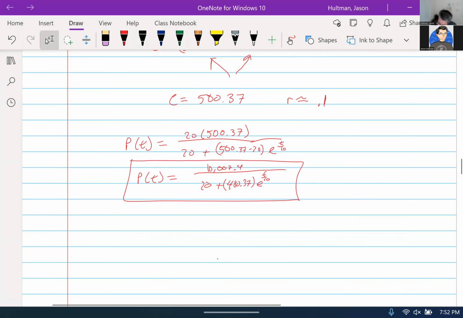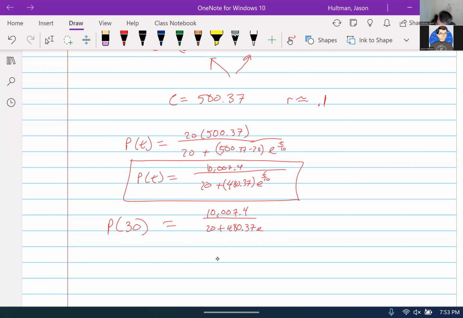We want to know, what's P of 30? We just plug in 30 here, and we get 10,007.4 over 20 plus 480.37 e to the 30 over 10, which is 3.